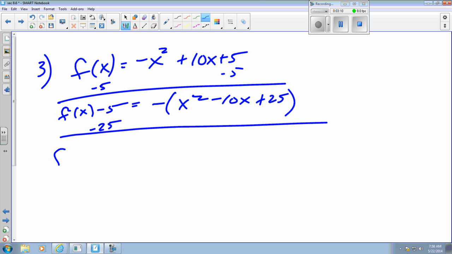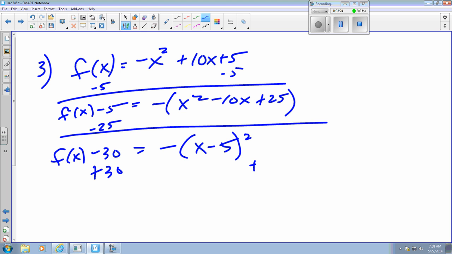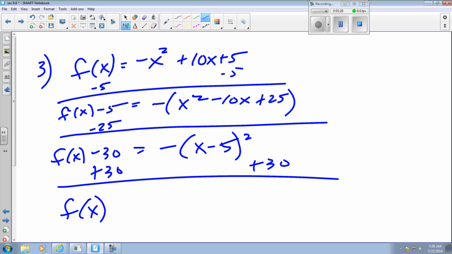So I get f of x minus 30 equals negative quantity of x minus 5, squared. And then I'm going to add 30 to both sides to get it in the right form. f of x equals negative x minus 5 squared plus 30.